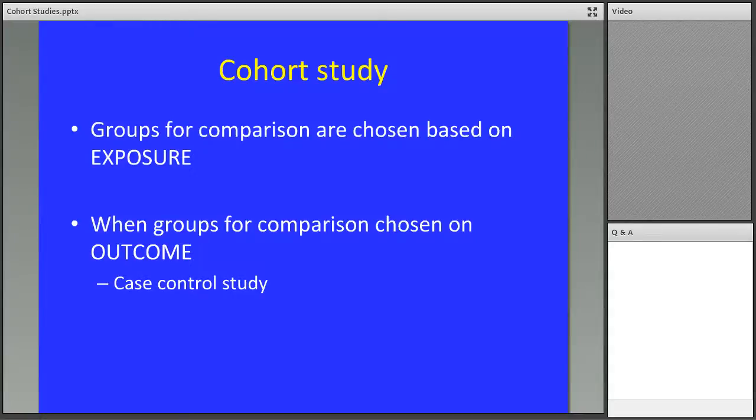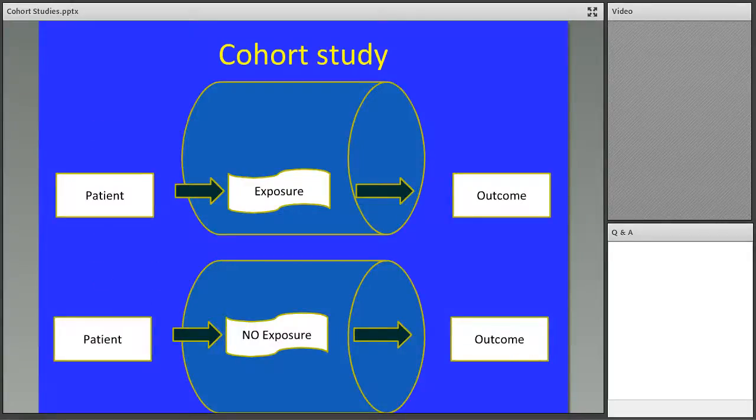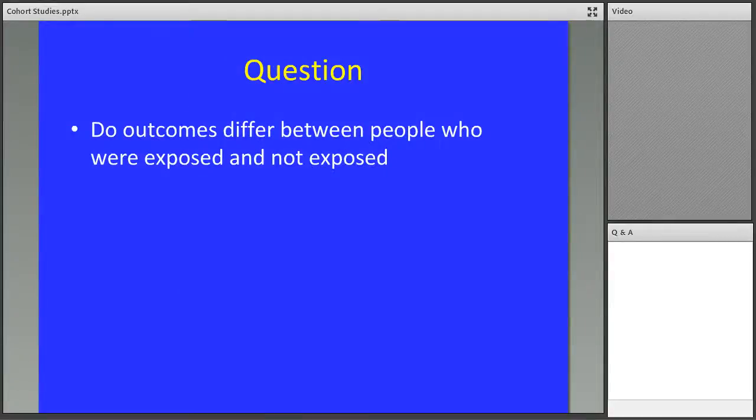So when we go back to the next slide, in a cohort study, you have a patient who has an exposure, and in the comparison group, you have patients with no exposure, and you look to see the outcomes between the two groups. If you were looking at which patients had outcomes and which patients didn't have outcomes, and you look backwards to see the characteristics of the exposure, that would be a case control study. So the appropriate question for a cohort is, do outcomes differ between people who are exposed and not exposed?